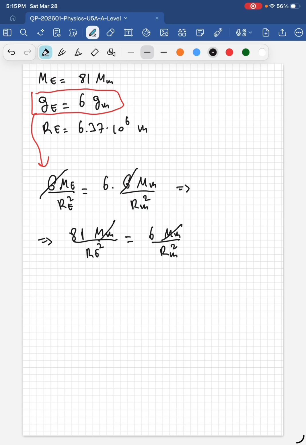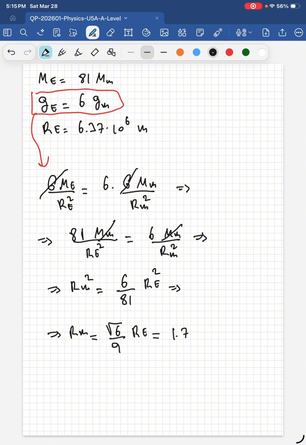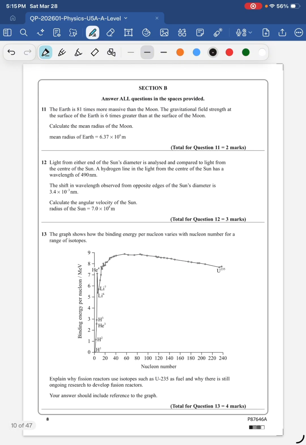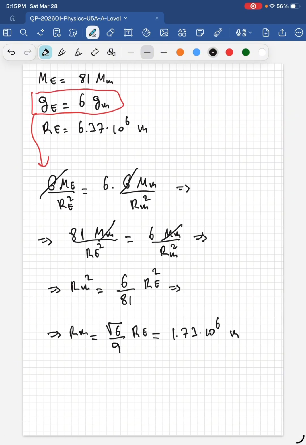So mass of the Moon cancels, so R Moon squared is 6 over 81 R Earth squared. So R Moon is the square root of 6 over 9 times the radius of the Earth. And if you do the math, you will find 1.73 times 10 to the 6 meters. Okay. And yeah, this is our answer.